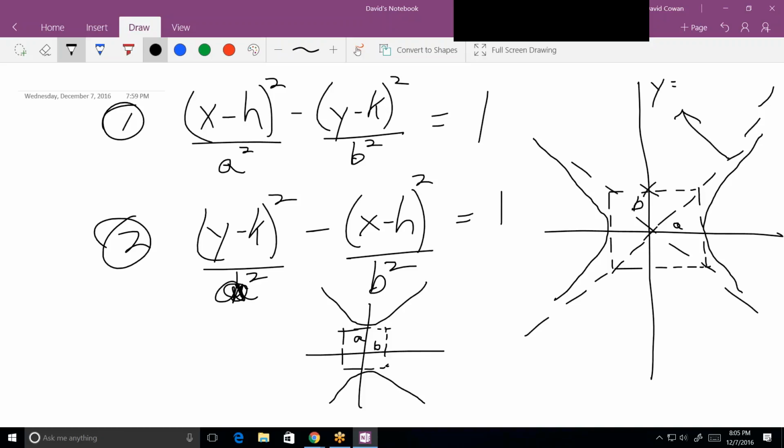Correct. That's B over A. Oh, okay. There's the equation of that asymptote. What's the equation of this asymptote? Negative B over A? Yeah. And because these go through the origin, there's nothing else. In other words, there's no y-intercept.